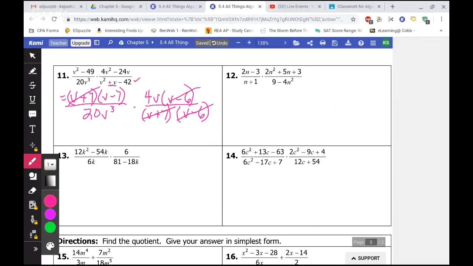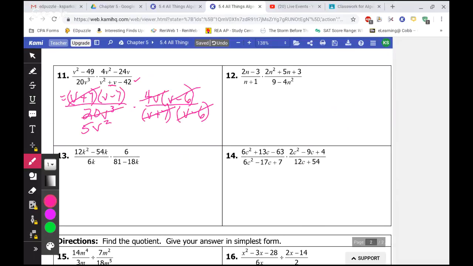And then I've got 20v cubed and 4v. 4v goes into 20v cubed. 4 goes into 20 5 times. And v, if you take that 1 exponent there and subtract it from 3, you're going to get 2. There we go.